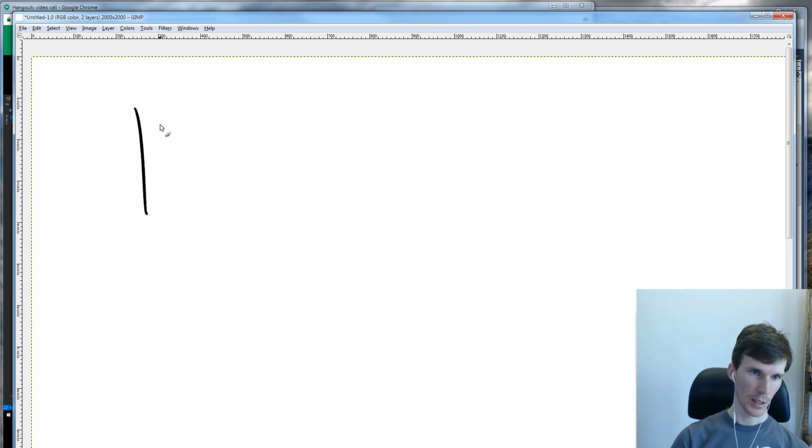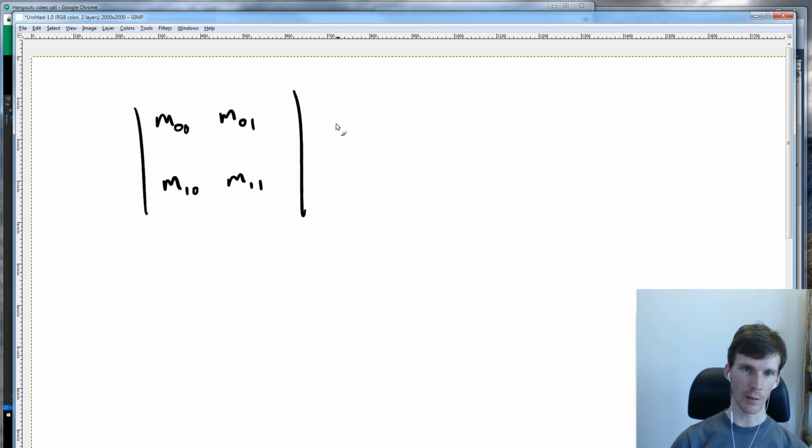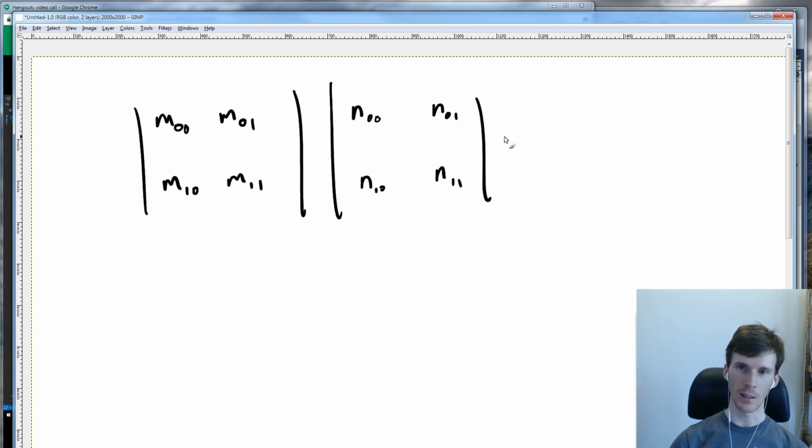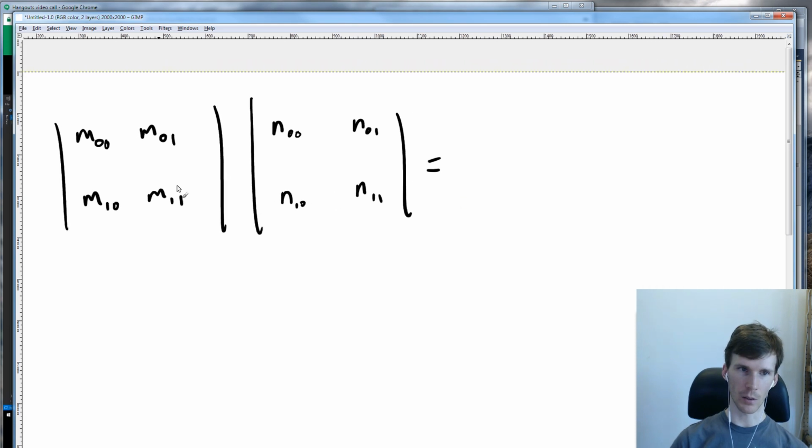We have M00, M01, M10, M11, and we have our next matrix, N00, N01, N10, and N11, and then we go across and then down.